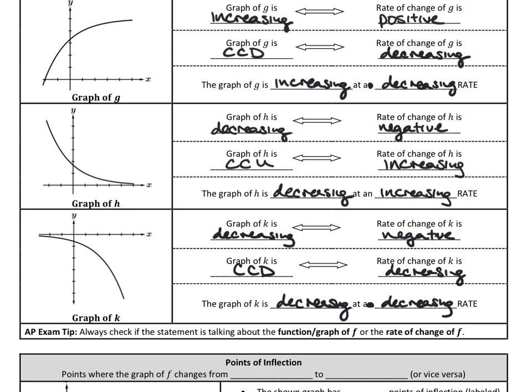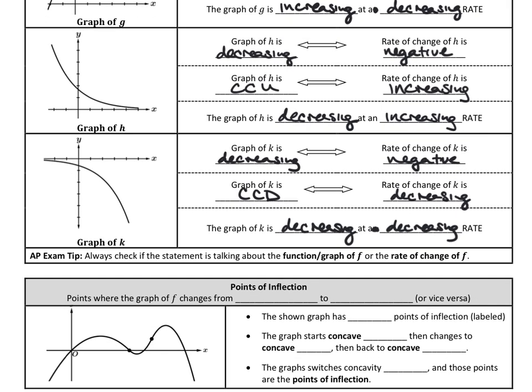This little exam tip down here, and I know I don't have the highlighters out because we're still in testing mode, but if you have a way to highlight, I want you to highlight this entire sentence down here. Always check to see if the question is asking you about the graph or about the rate of change of the graph. Because we just saw how that answer will change if I'm asking you about the graph or the rate of change of the graph.